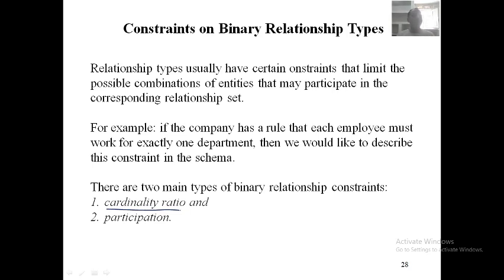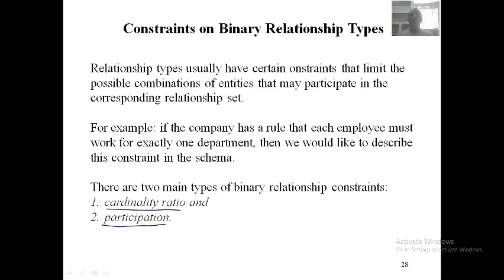See here now, don't get confused between relationship type constraints and entity constraints. Entity type constraints are not null, unique and primary key constraint, etc. But in the relationship type constraints, one is cardinality ratio and another one is participation constraints.